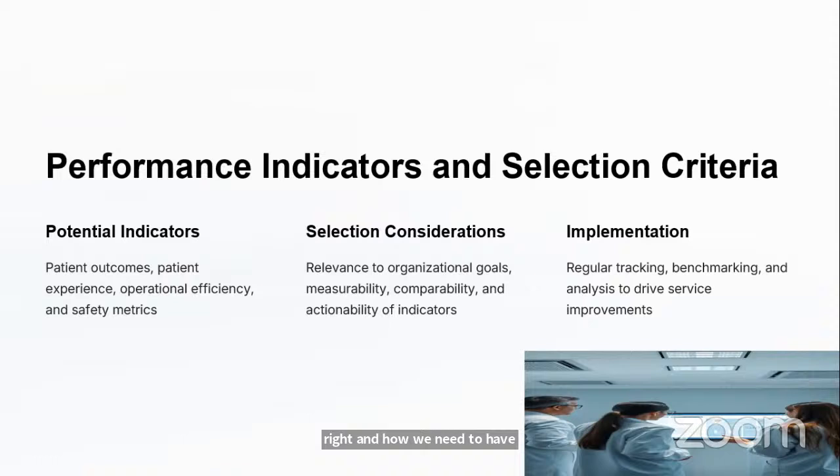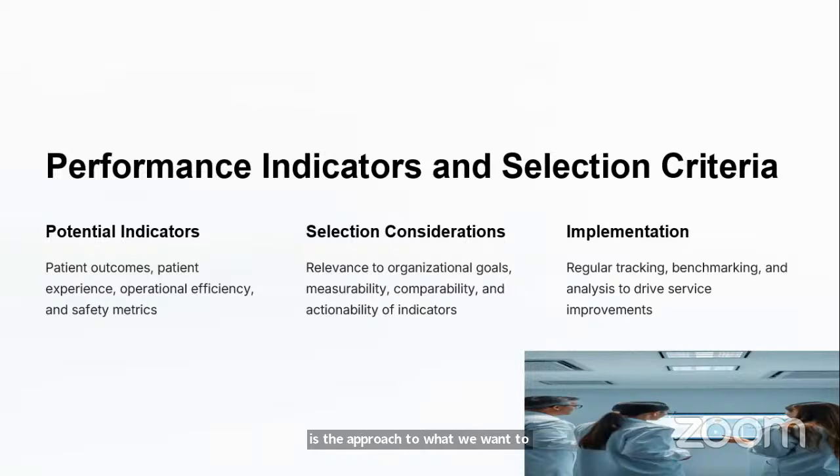So usually the potential indicators that we have mostly are the patient outcomes, the patient experience, the operational efficiencies, as well as the safety. So you can see they are basically the same thing, but there is the approach to what we want to get out of them.